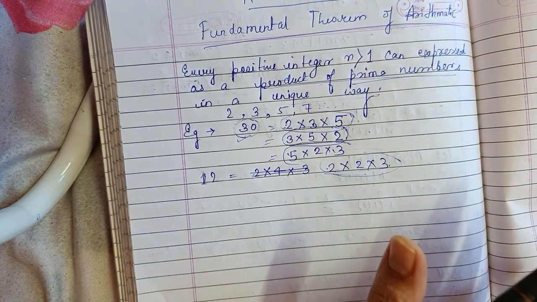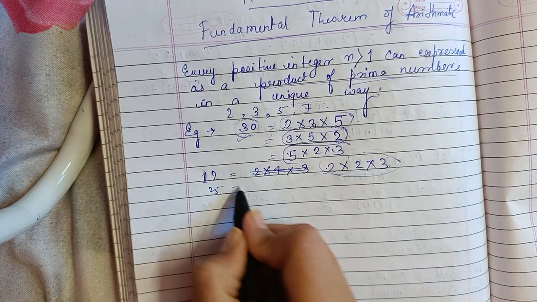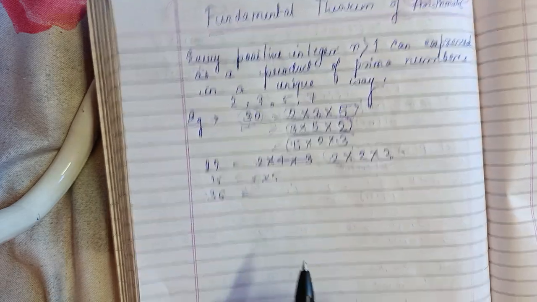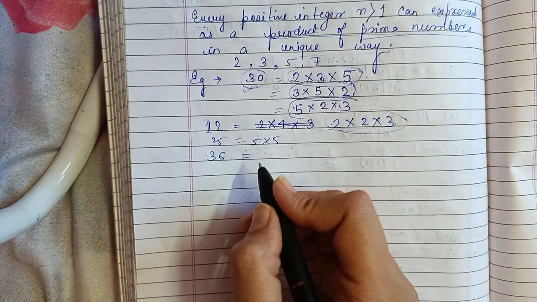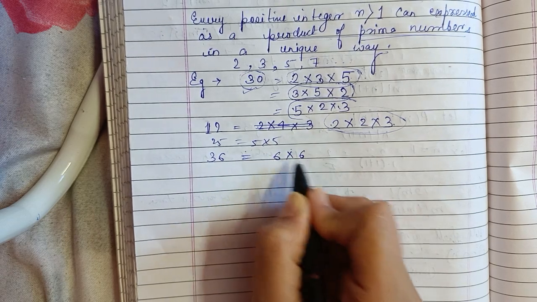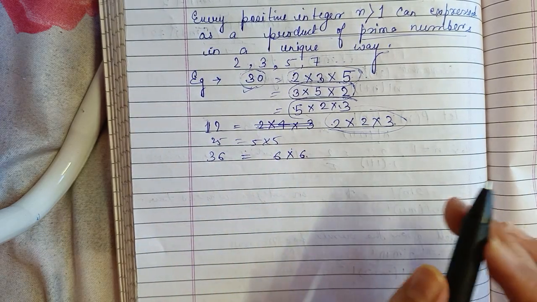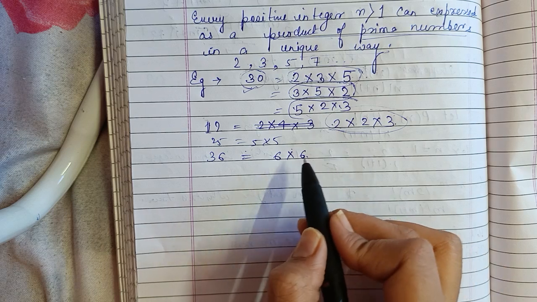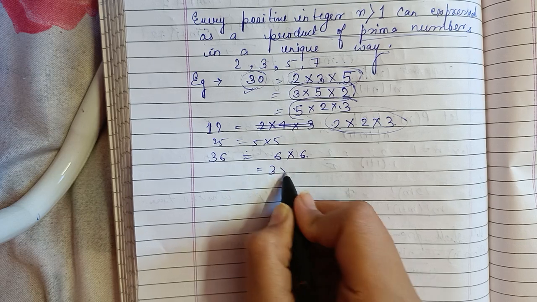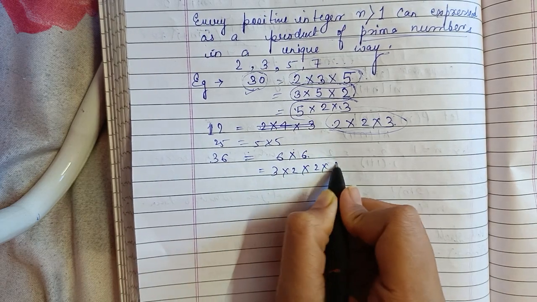Think of any number possible. 25 is 5 into 5, which is prime. Let's say 36 can be broken down into 6 into 6, right? Someone will say it is 6 into 6, but 6 is not a prime number. But this 6 can be further factorized, like 3 into 2 into 2 into 3.